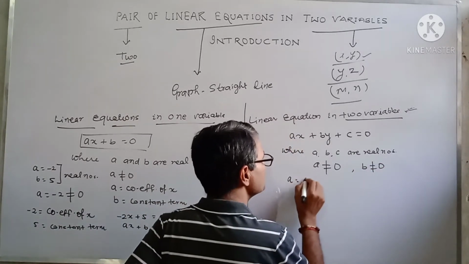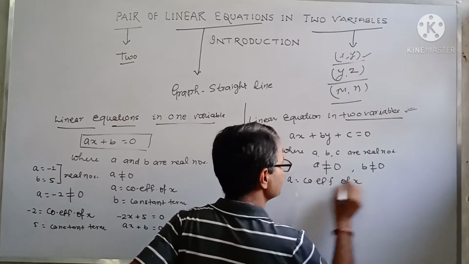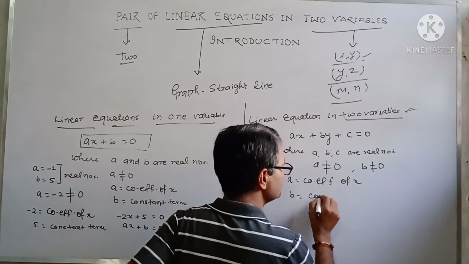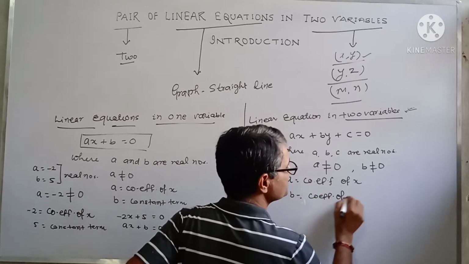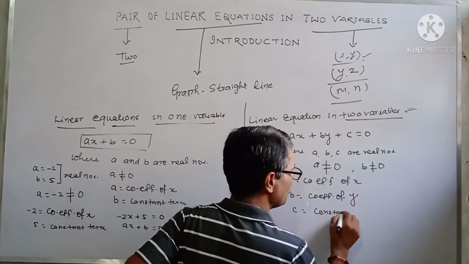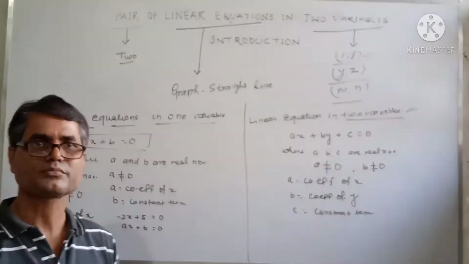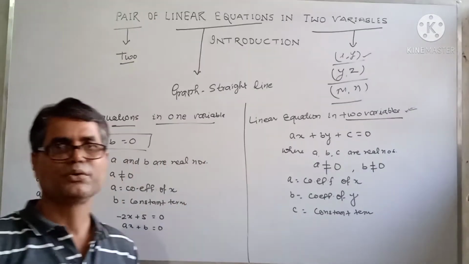A is called coefficient of x and b is called coefficient of y and c is called constant term. Understand? I hope you have understood.